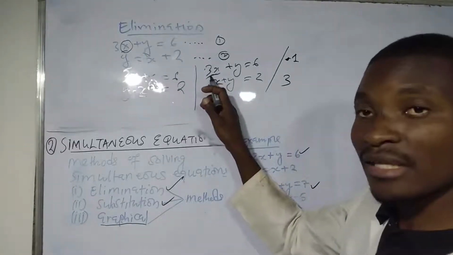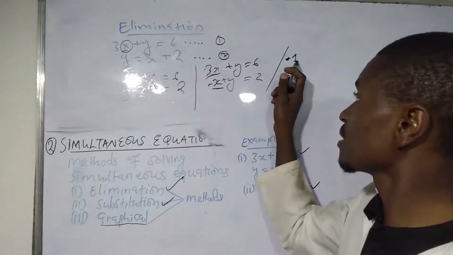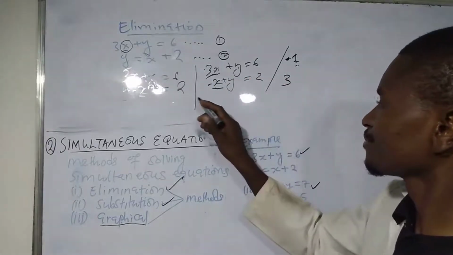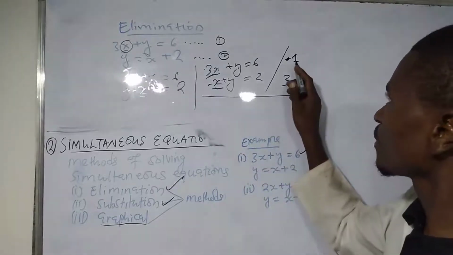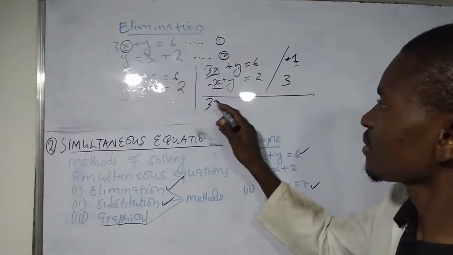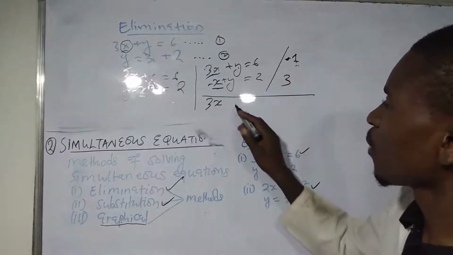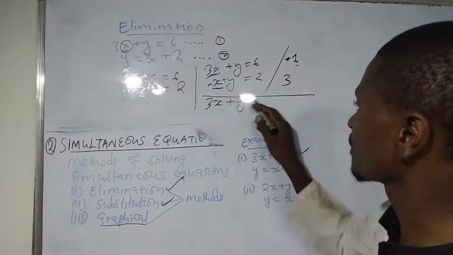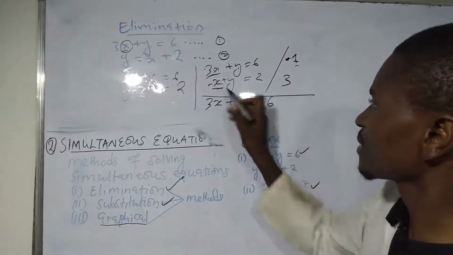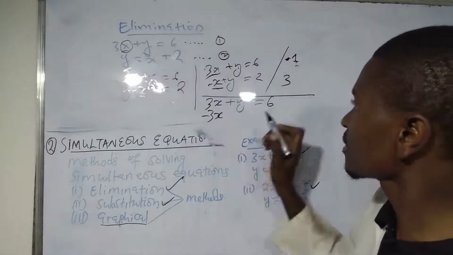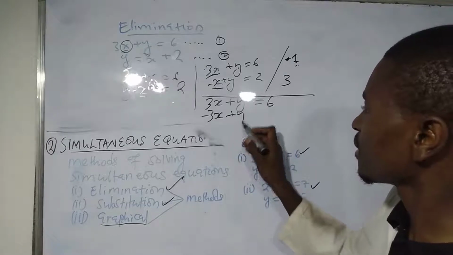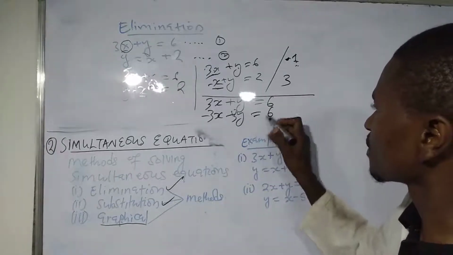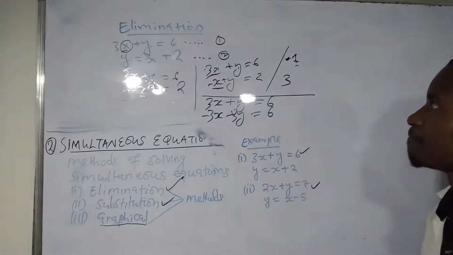So I will start multiplying this times that. This is 1 times 3x, this is 3x, 1 times positive y, so this will just come back the way it is. Then this times that, we'll get negative 3x, this times that, plus 3y, this times that is going to be 6.